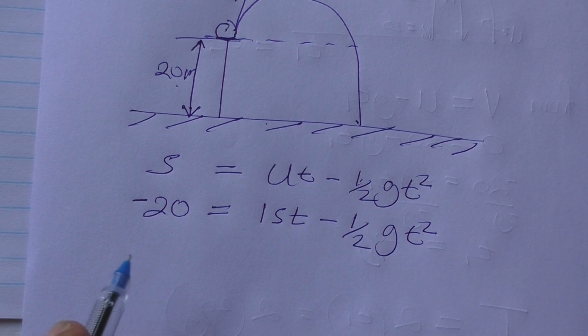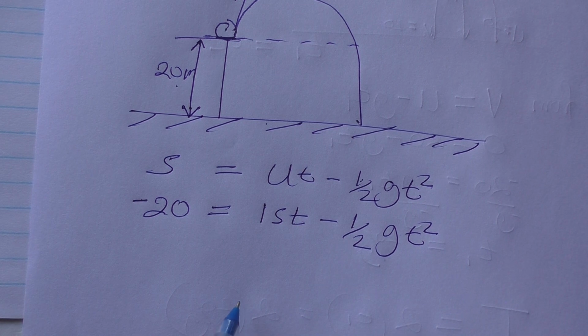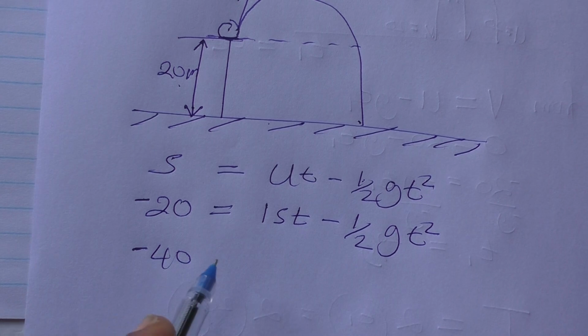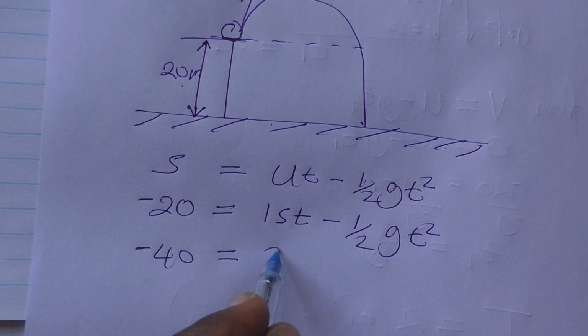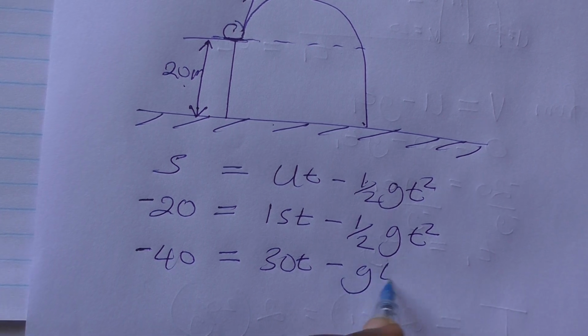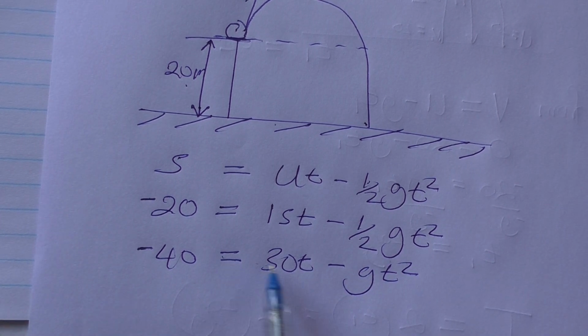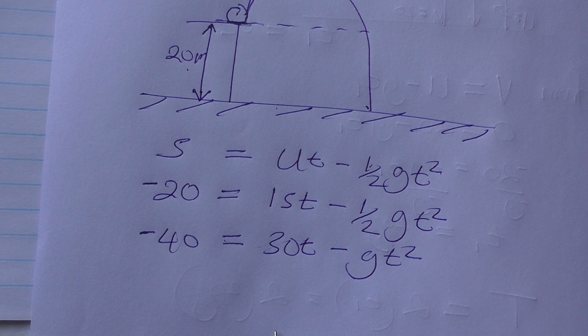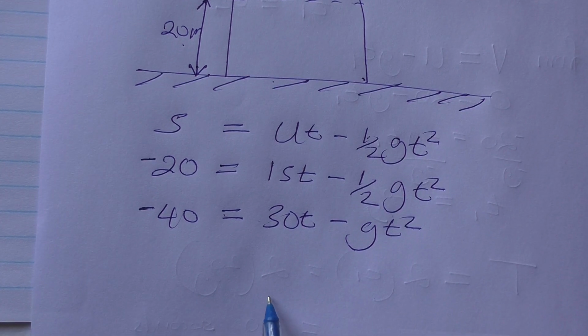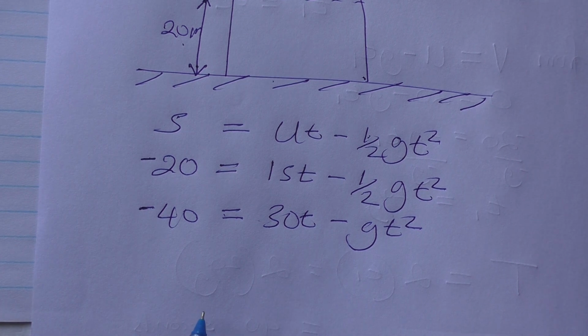When we multiply throughout by 2, we shall have negative 40 equaling 30t minus gt squared. You realize that we can form a quadratic equation which can be solved to get the values of t. That is how we get the time taken.